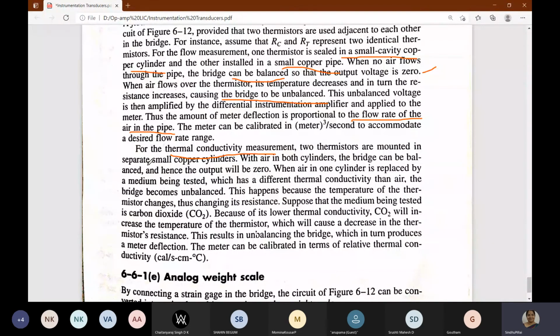When air in one cylinder is replaced by the medium being tested, whose thermal conductivity we have to measure, there will be a difference in the thermal conductivity and the bridge gets unbalanced. So whenever the bridge gets unbalanced, there will be an output voltage, and that output voltage will be proportional to the thermal conductivity.